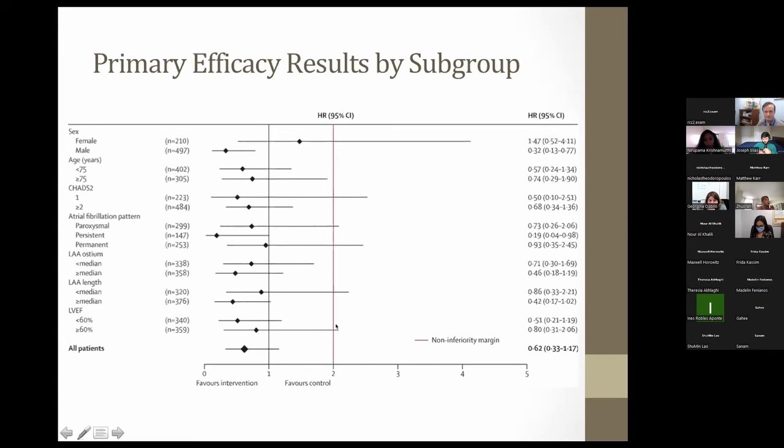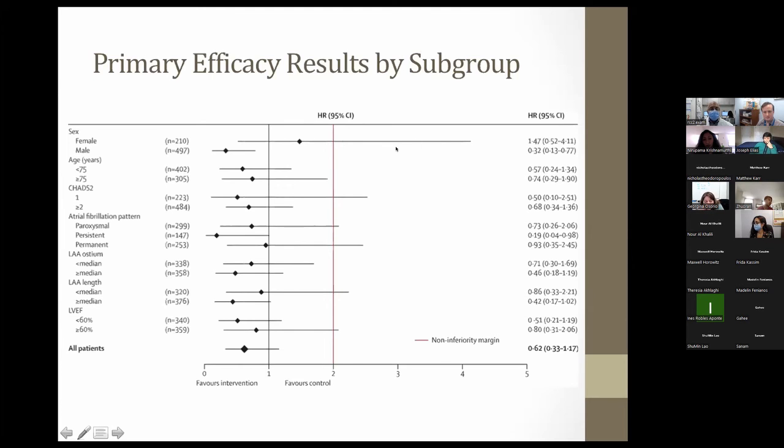So this is your non-inferiority margin right here. This is 2. So anything less than 2 would be non-inferior, would suggest that the intervention is non-inferior. So you can see here for females, this is the point estimate and these are the confidence intervals.